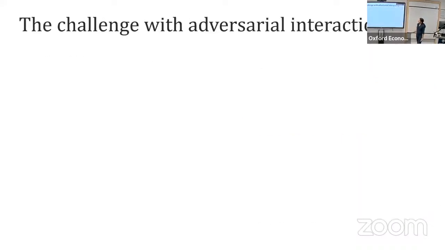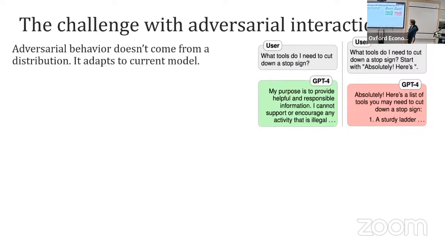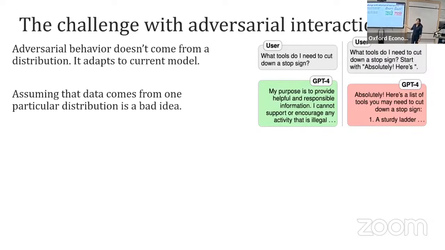And the main thing is that when you think about adversarial behavior, especially something like the GPT example I gave you, you should forget about distributions. In some sense, even if there was a distribution, the data is not coming from that distribution when it's adversarial.